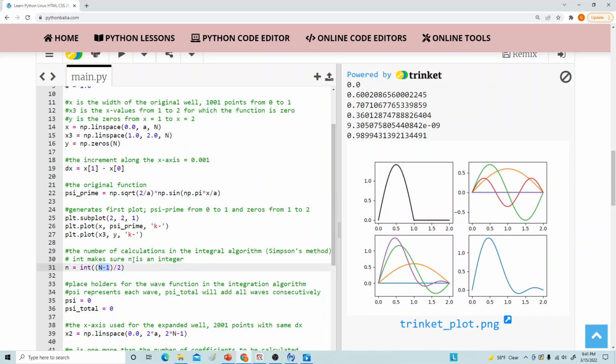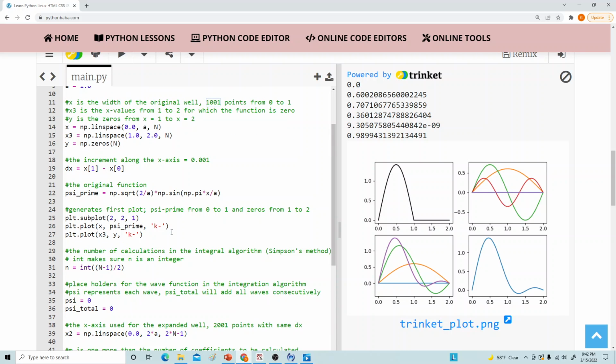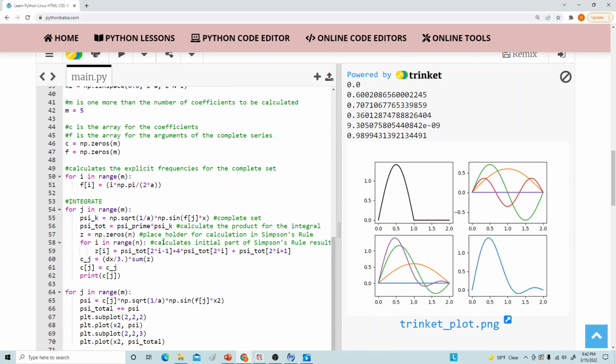So if I had just used 1000 for capital N, then I would have 999 for n minus 1, and then when I divide that by 2, that's 499.5. And then I'm trying to force that to be an integer, okay? So that's another reason why I chose this particular interval, was for this step as well, right? So that needs to be an integer. So this calculates the initial part of Simpson's rule. This is the actual algorithm.